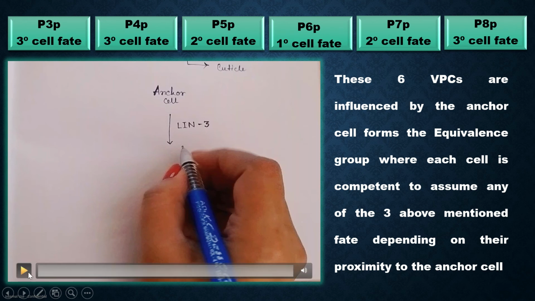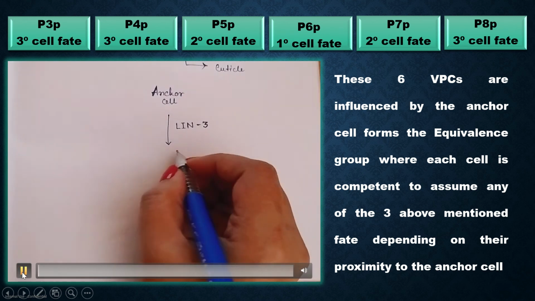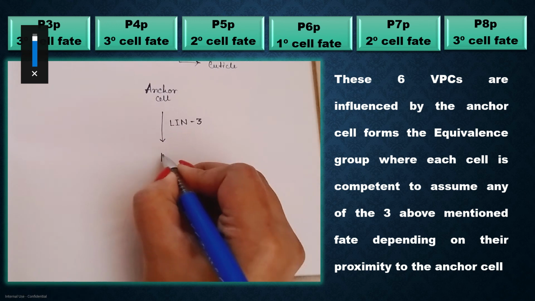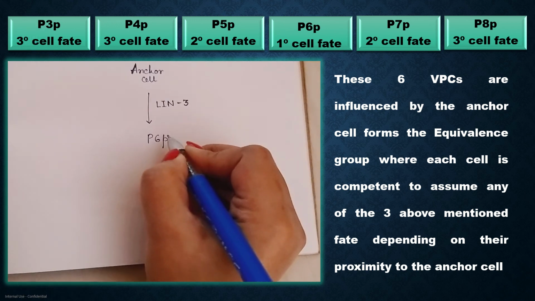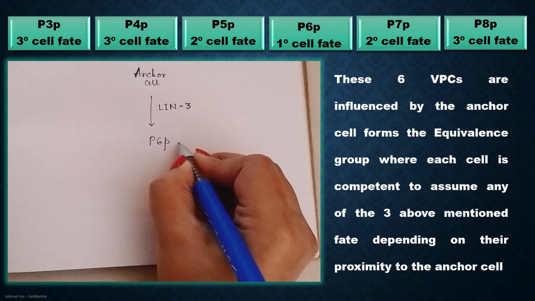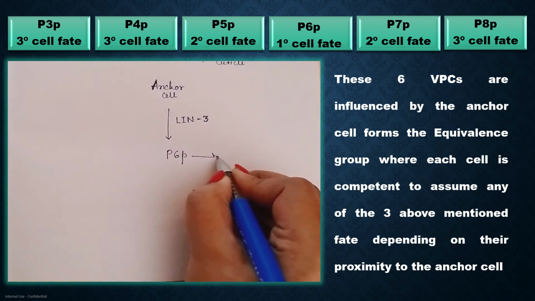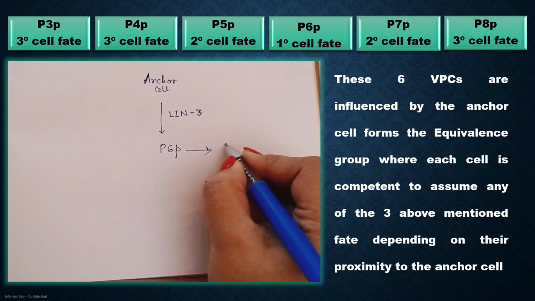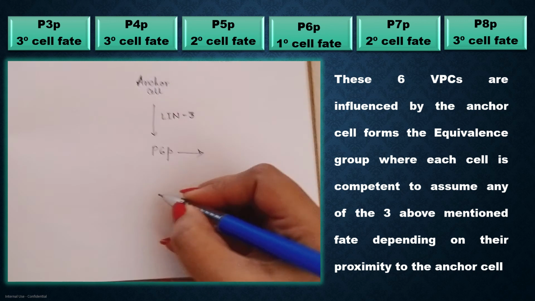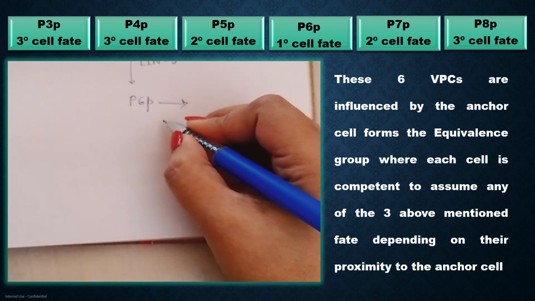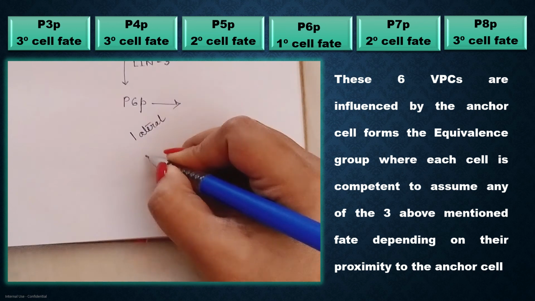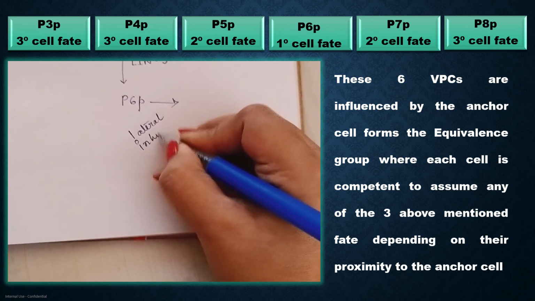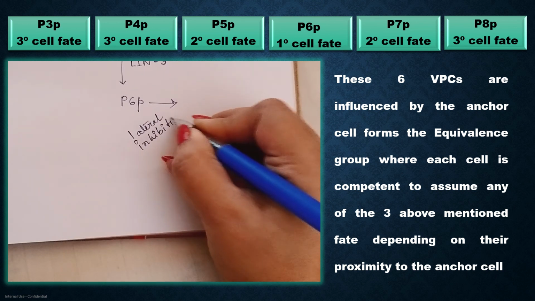Now let's talk about another signal. The anchor cell is signaling P6.p through Lin3. Now Lin3 has an inhibitory effect on the adjacent cells. This lateral inhibition is mediated through Lin12.